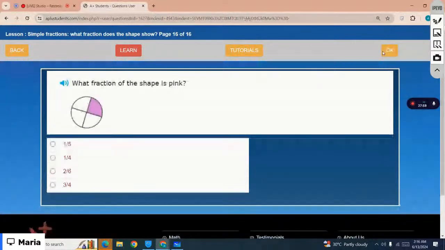What fraction of the shape is pink, which is the correct option? Yes, that would be 1 out of 4.